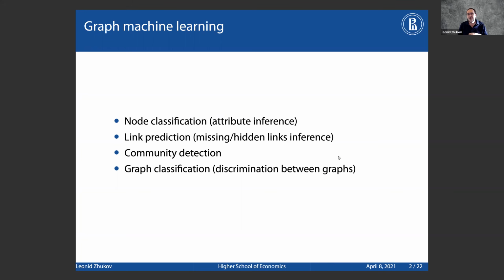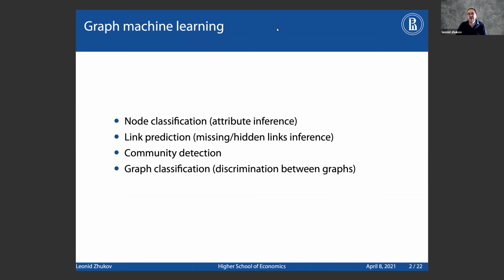Another typical machine learning problem is a community detection problem, right? With community detection, we have done that already. That's really a clustering problem for the graph. Then you can think of graph classification, where you actually take different graphs and work on classifying graphs themselves, right?